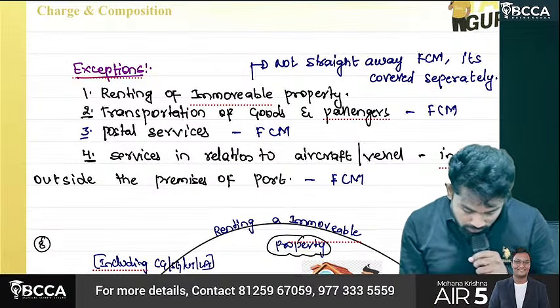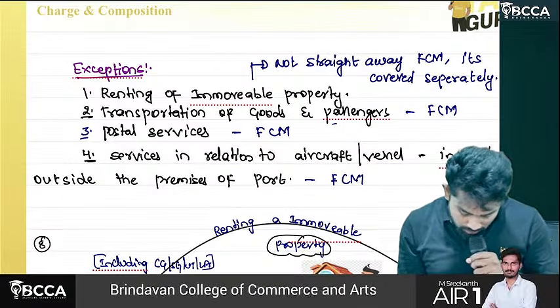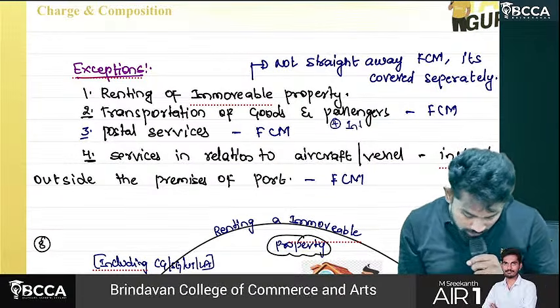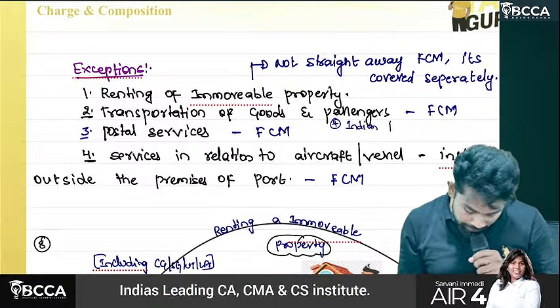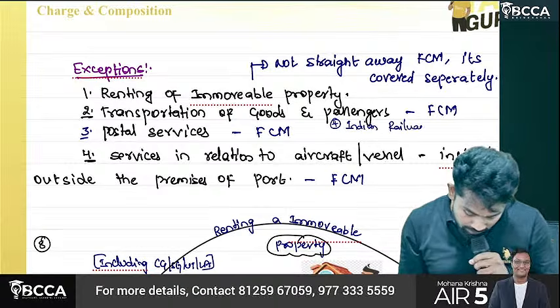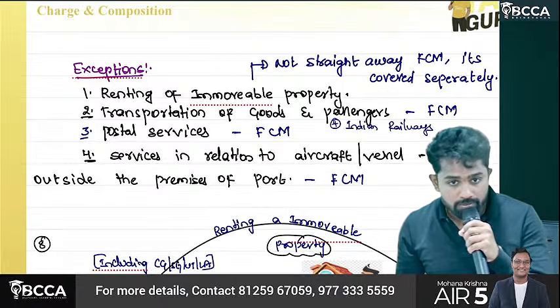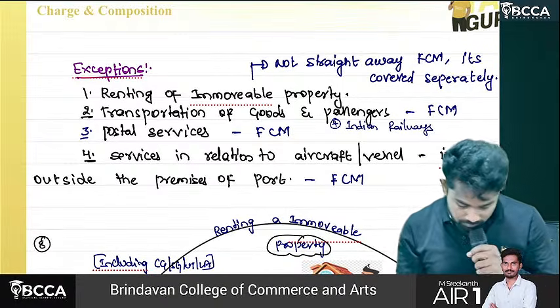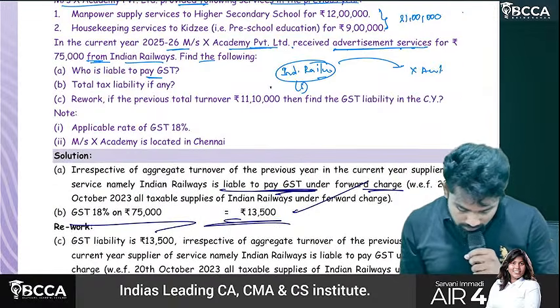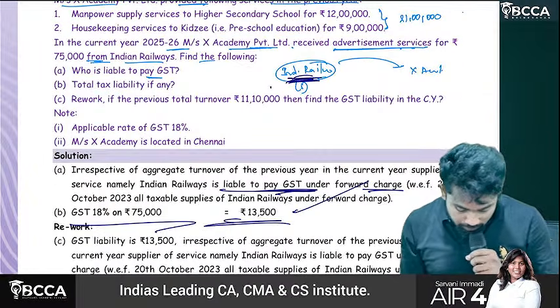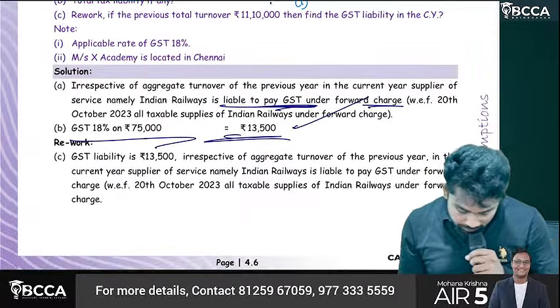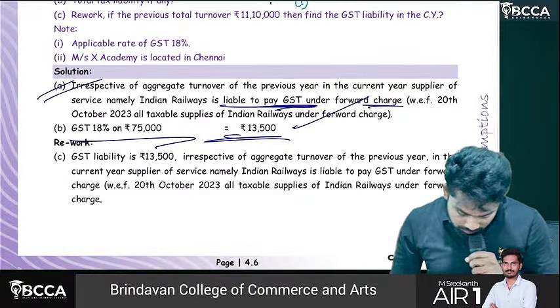Transportation of goods and passengers, and even Indian Railways. When Indian Railways is providing services, they are not covered under RCM. So this is covered under what? FCM only. That means who has to pay the tax, sir? Indian Railways only has to pay the tax.